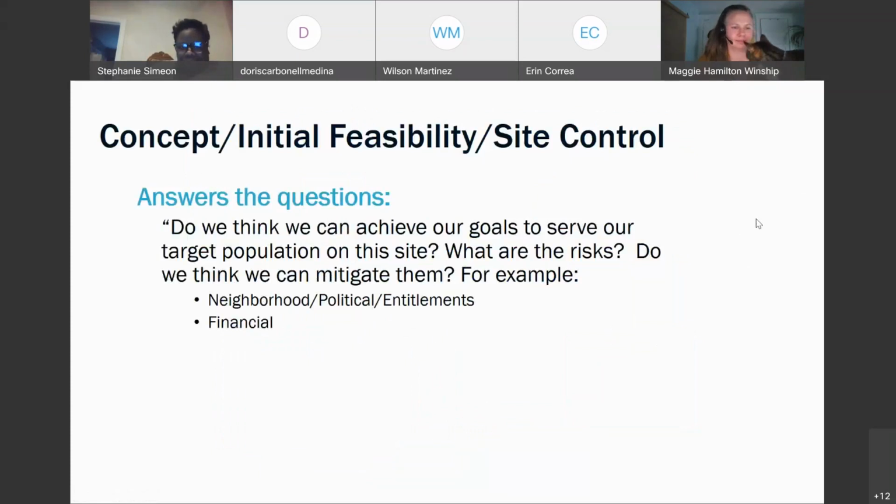Okay, so site control. As I said, in Buffalo, if the site is owned by the city of Buffalo, you can get something from the Department of Real Estate called a designated developer agreement, a DDA.